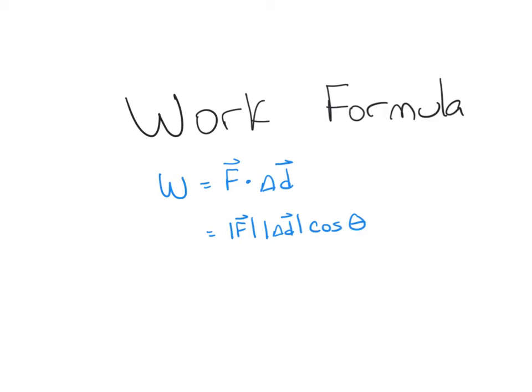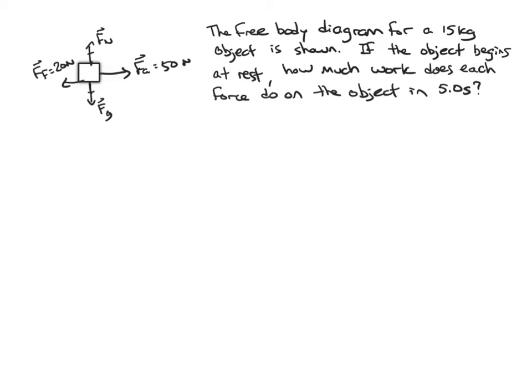So I'm going to try to apply this to a few examples. I did one example in the previous lesson, so here's more. The free body diagram for a 15 kilogram object is shown. If the object begins at rest, how much work does each force do on the object in 5.0 seconds?